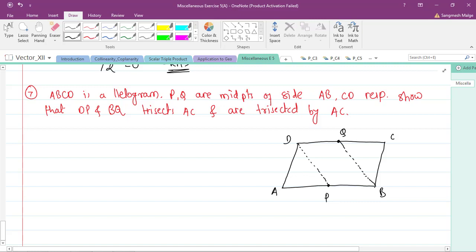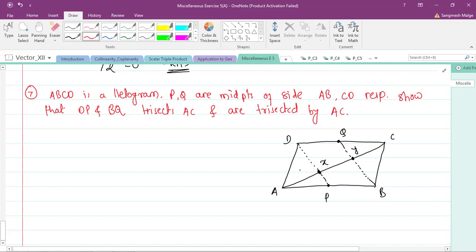So this is our AC. Okay, this is the AC. So these 2 points they are talking about, let's name these 2 points as some random points. Let's take X and Y. So this is X and this is Y. Okay, and if so, the question is saying that DP and BQ are trisected by AC. This means what?